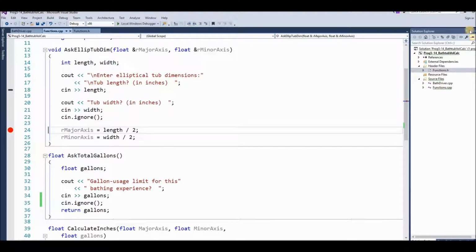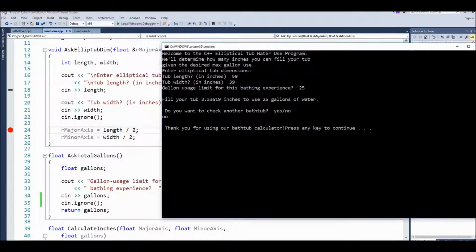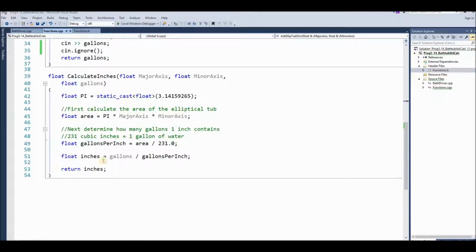So I'm going to keep track of what my previous depth was, 3.33619 inches.